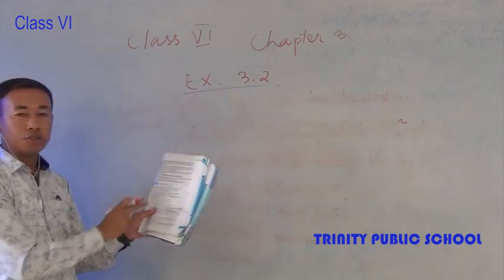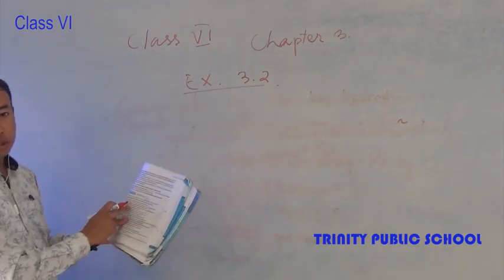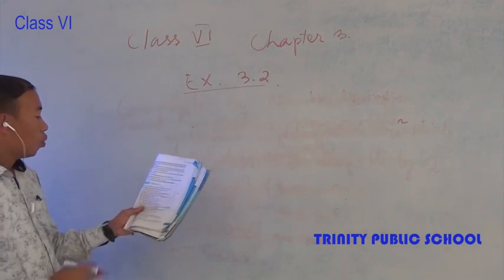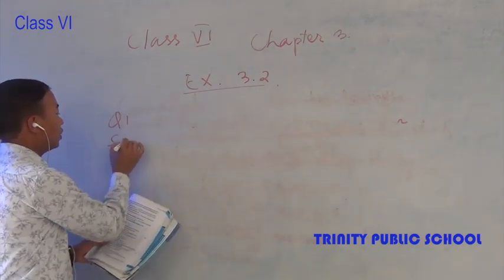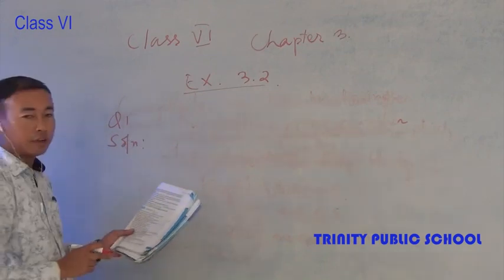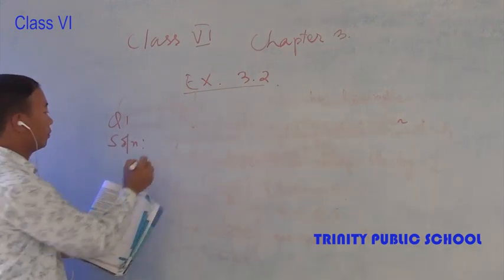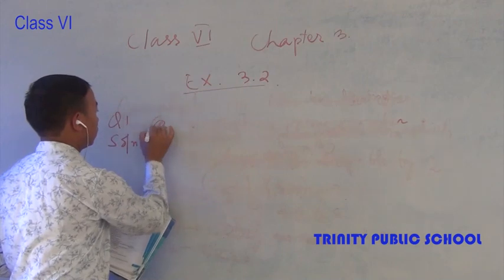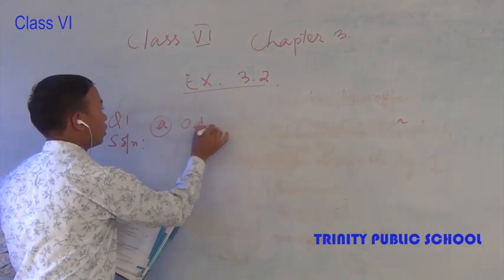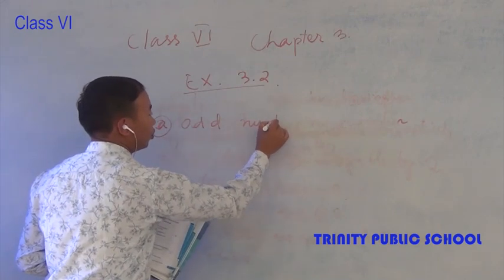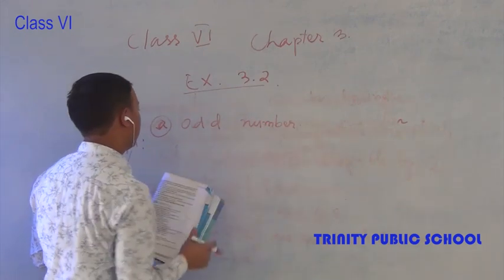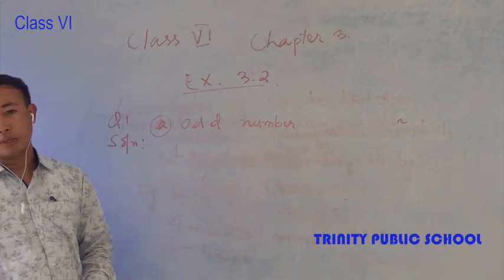In our class, we have to discuss exercise 3.2. Open your book and see the question. In the first question, the question says, what is the sum of any two odd numbers? We know the examples of odd numbers.